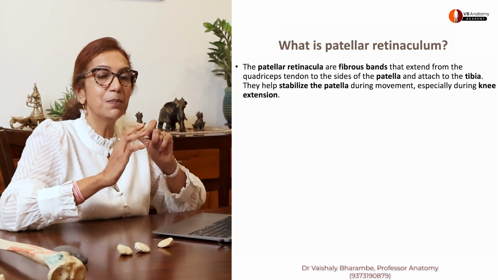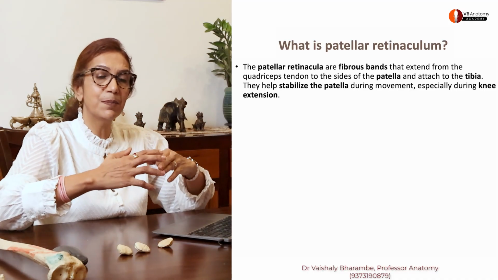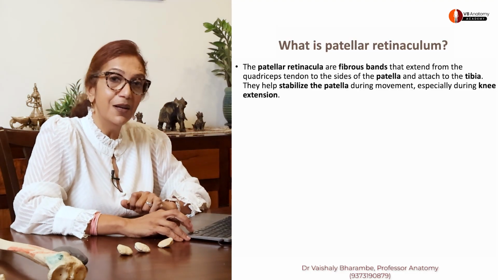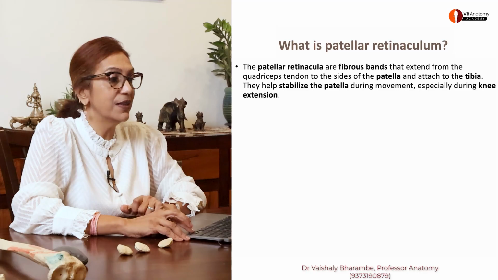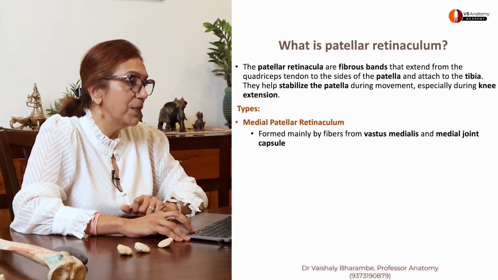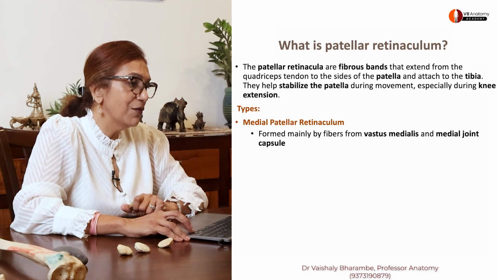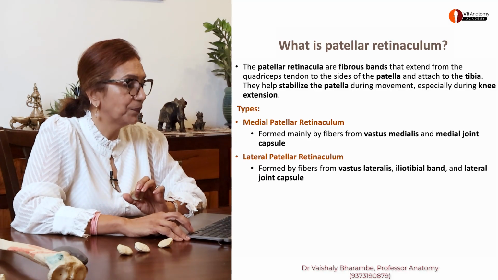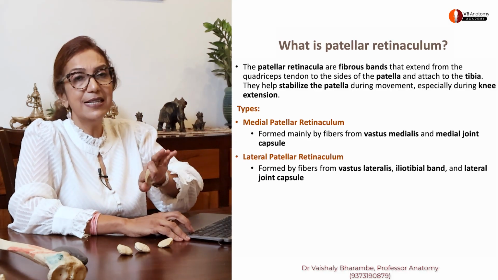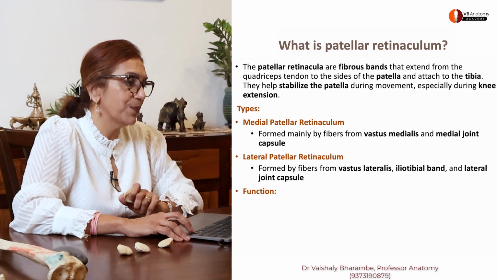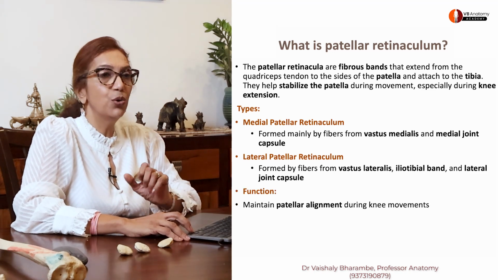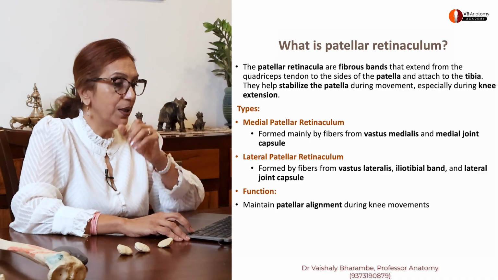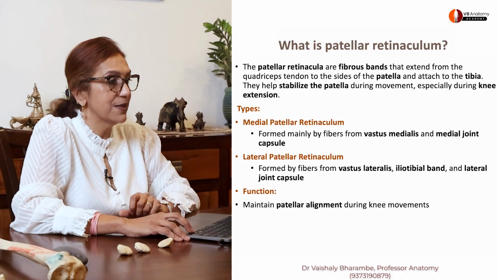Basically, they are fibrous bands that are extending from your quadriceps down to the patella to hold on to the patella, further reinforcing, of course, the knee joint. Medial patellar retinaculum is formed by fibers of vastus medialis and medial joint capsule. Lateral, vastus lateralis and lateral joint capsule. Function is to help in management of the patellar alignment to the femur during knee movements.